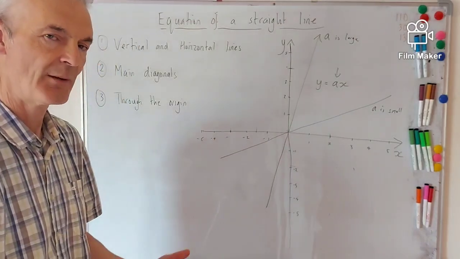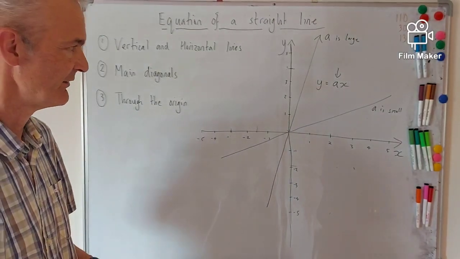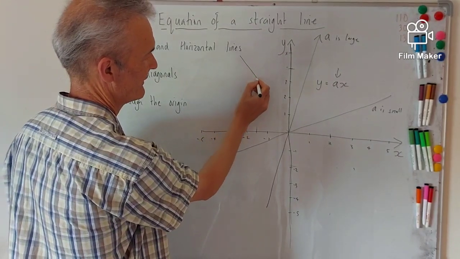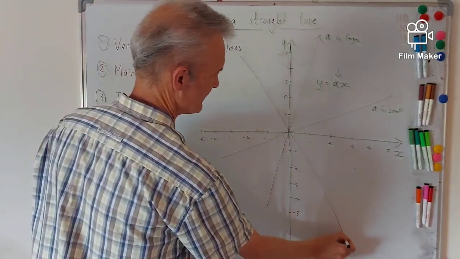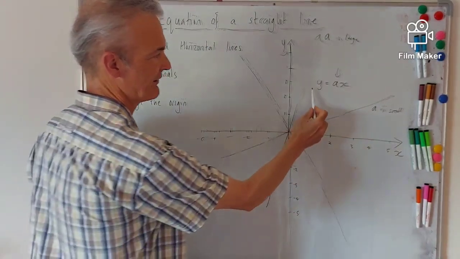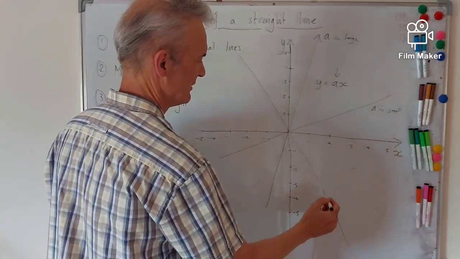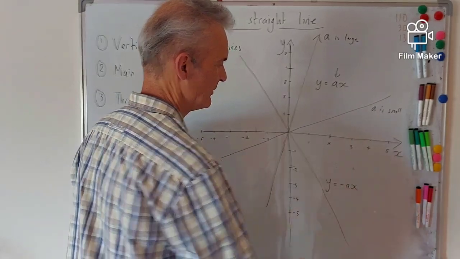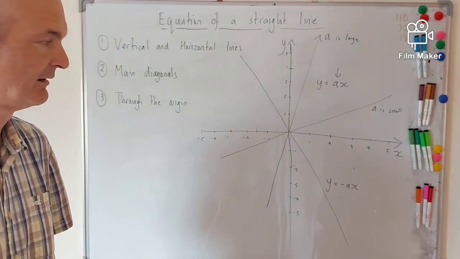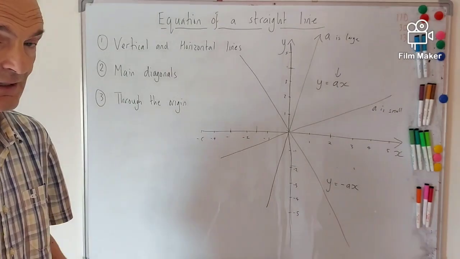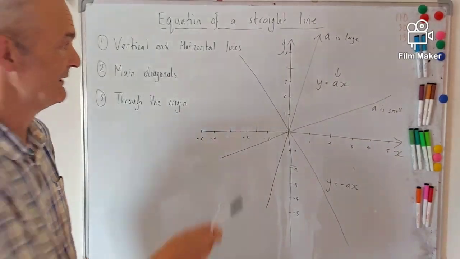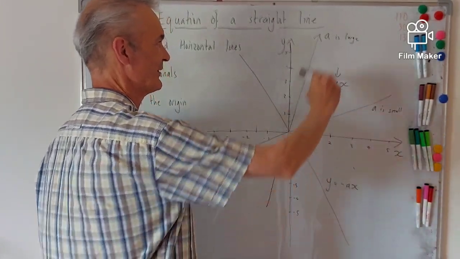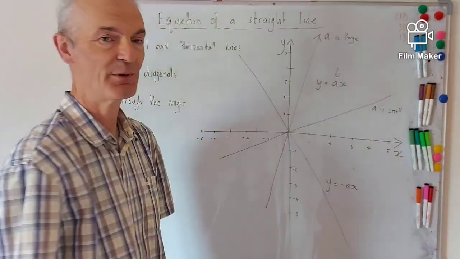Now, what happens if the line goes in the other direction? What happens if we have one that's coming, say, down in that direction? Well, it's still this form, but we're going to have a negative in there, because the easiest way to think about it is going downhill. This one's going uphill, this one's going uphill, so a is going to be positive.